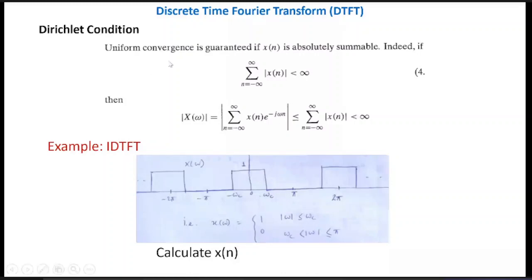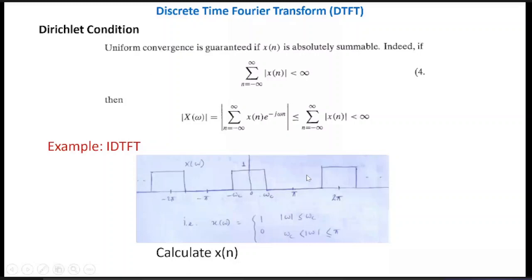Some example we take: x omega ranges from minus omega c to plus omega c. It is 1 there, and outside that it is 0, and it is repeating. You see, it repeats after 2 pi.